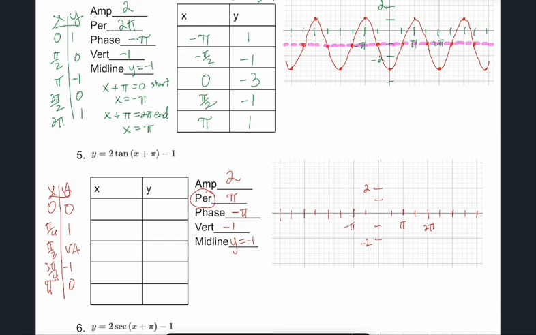Every place that the graph above hits the midline, you'll see it's at the halfway points, the pi over 2's. We have a vertical asymptote. So what I think you should do is just take those halfway points and put on your vertical asymptotes first. So there's a vertical asymptote here.